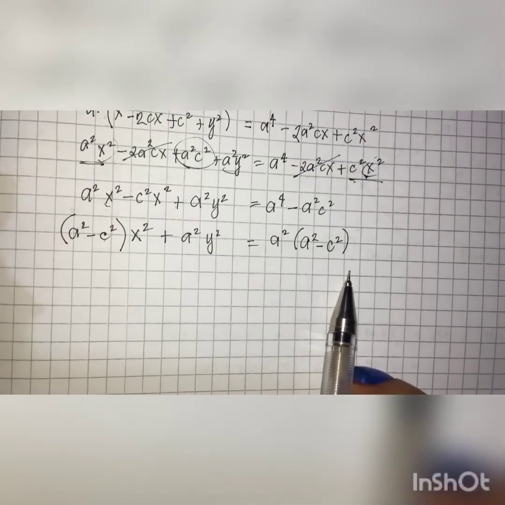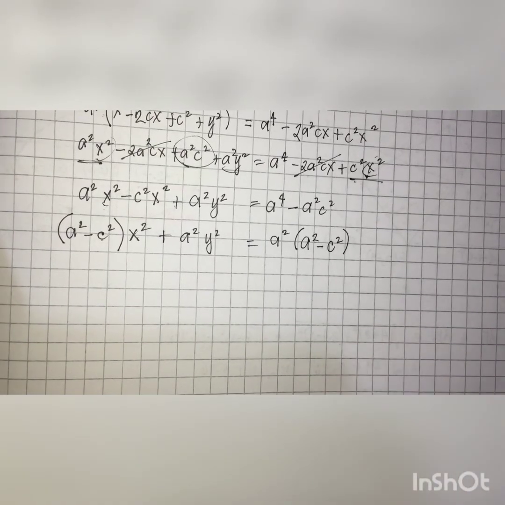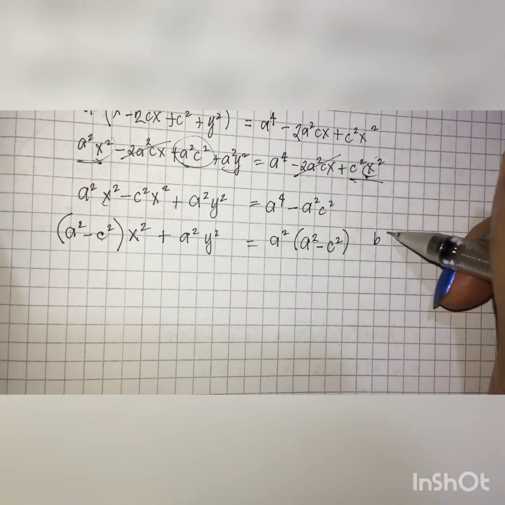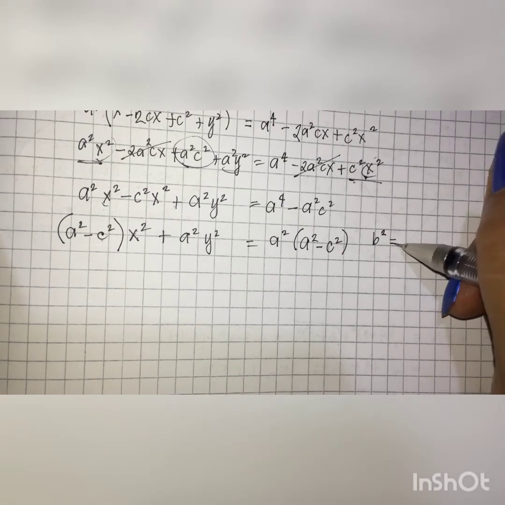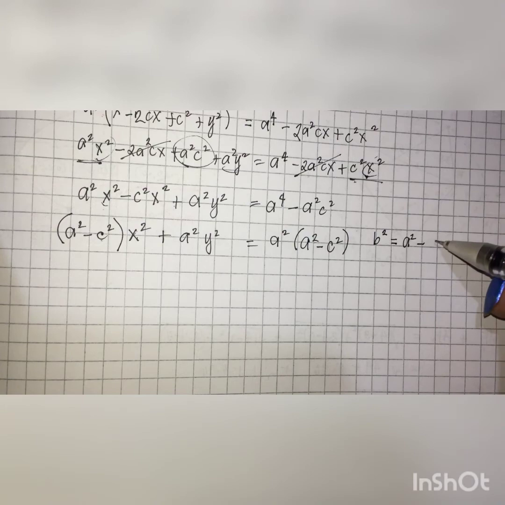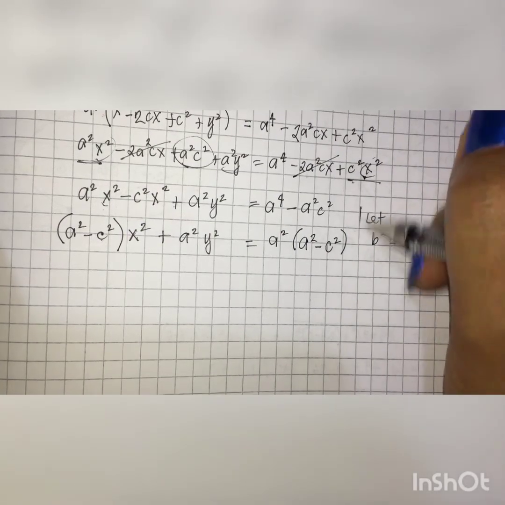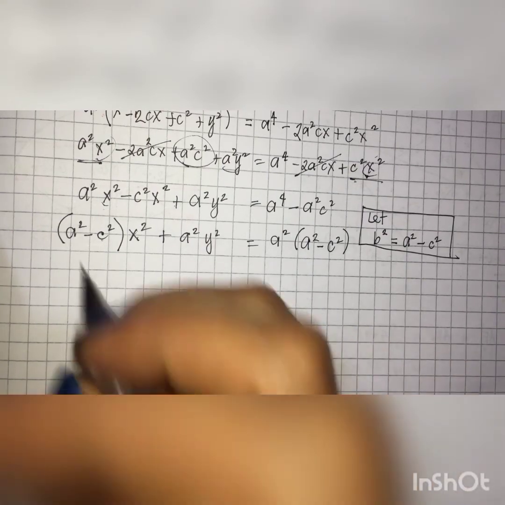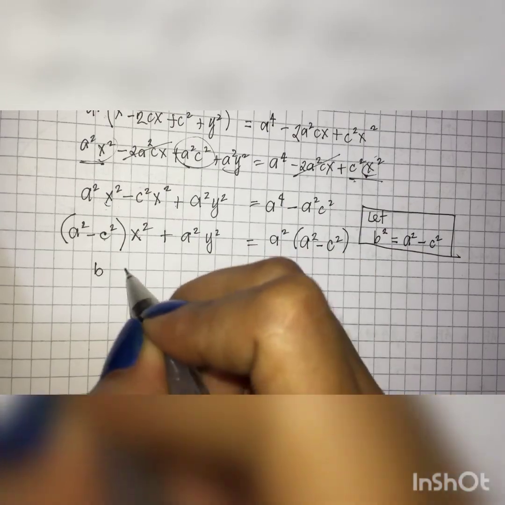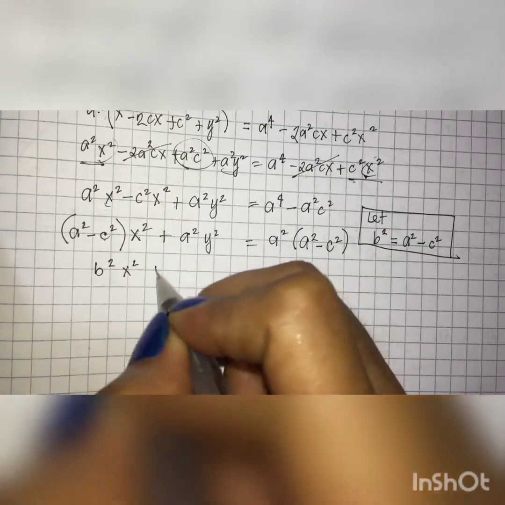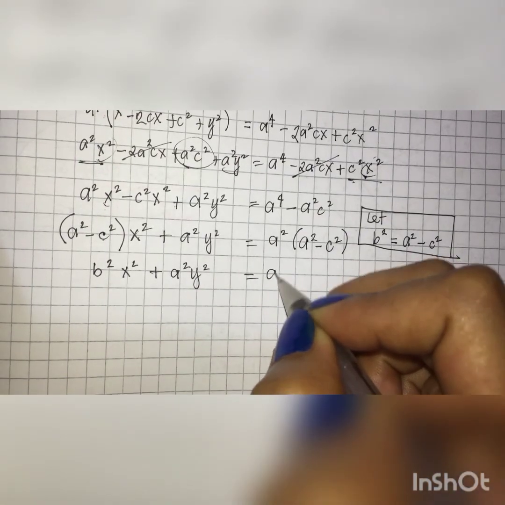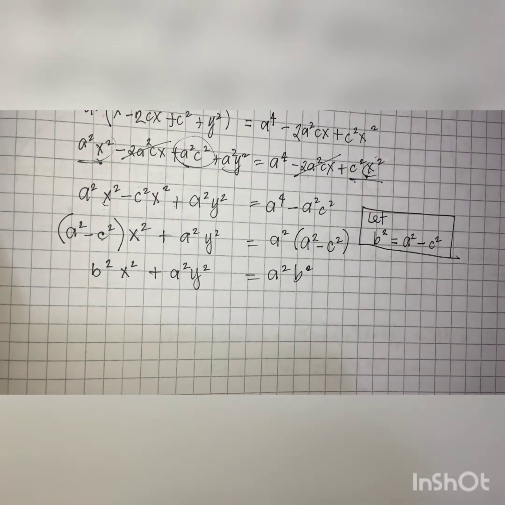So to simplify, we assume that b squared is equal to a squared minus c squared. Okay, so let b squared be equal to a squared minus c squared. So we have now b squared x squared plus a squared y squared, which is equal to a squared b squared.